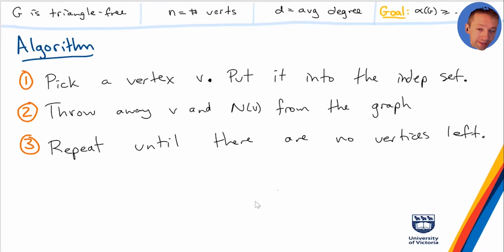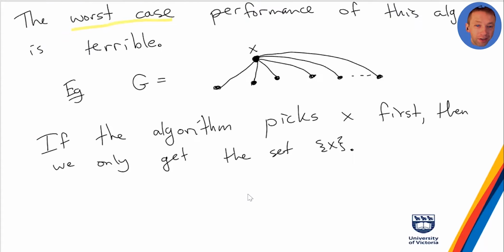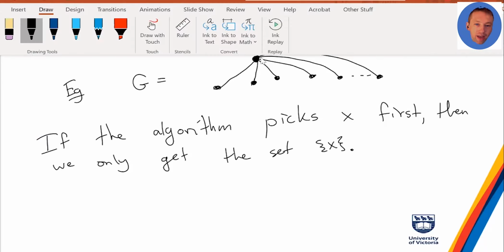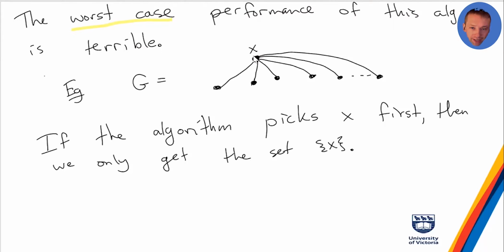And in the worst case, this is going to be terrible, right? Even on a triangle-free graph, this is going to be terrible in the worst case. Well, maybe not if I bias towards small degree vertices, then it could be better. But let's suppose I just do it arbitrarily. Then if my graph is just a star, and if I'm just blind and I just pick X as my first vertex, I add it to the independent set, I delete X, I delete the neighbors, I've deleted everything.